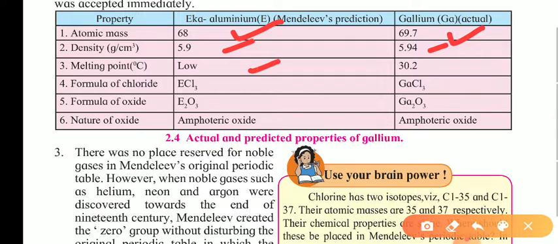Melting point he predicted as low and they found 30.2, which is almost a lower value. And then the formula of chloride, that is ECl3, and they found GaCl3, exactly what he predicted. Then the formula of oxide also was correct. And then the nature of oxide, amphoteric oxide, and they actually got an amphoteric oxide.